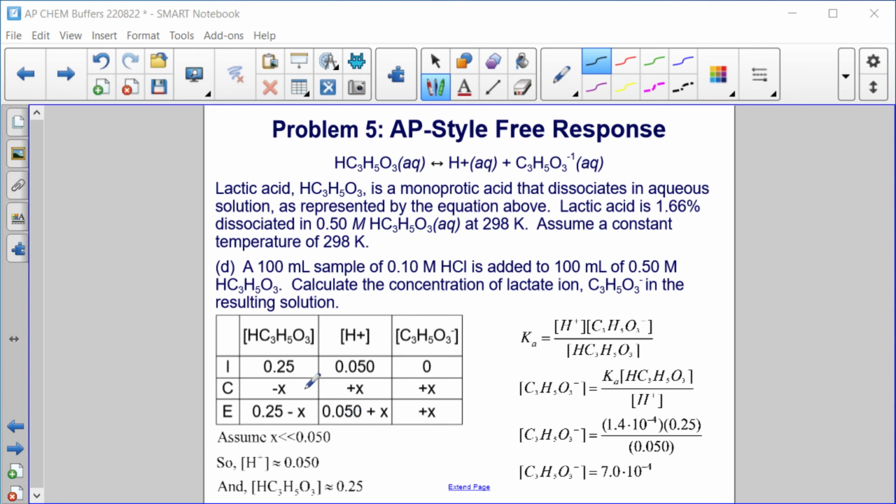And also, our concentration of lactic acid can be assumed to be approximately equal to its initial concentration, 0.25. The lactate ion concentration then is just equal to X. Now, our Ka expression is the same as before. Our Ka value is the same as what was calculated before. I'm just rearranging now to find the lactate ion concentration of 7 times 10 to the minus 4.